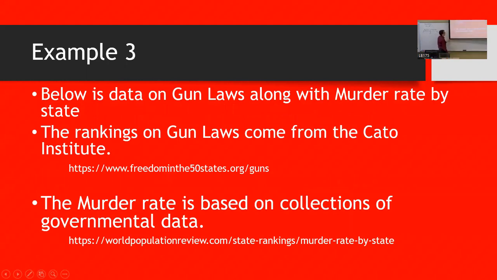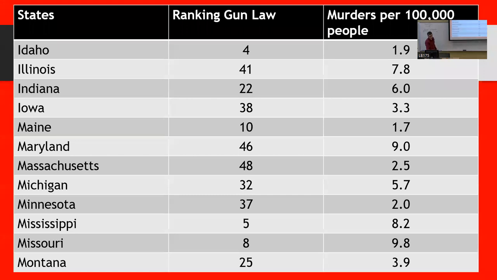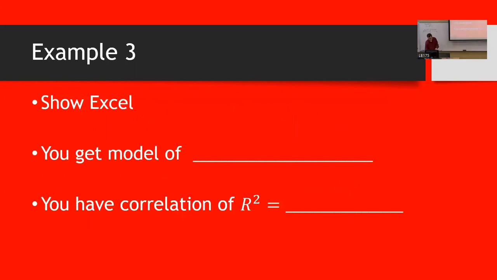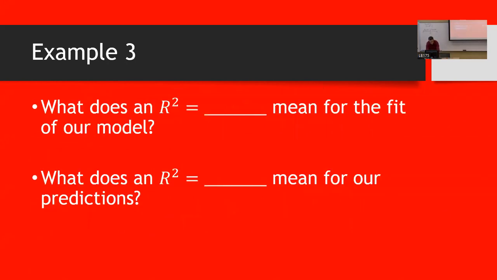Now, the gun laws data. When we did a model for these data, remember what we got for our R squared. Our R squared was 0.0012. That's a really bad fit, right? It's almost 0. That means the model that we created doesn't fit our data well at all.